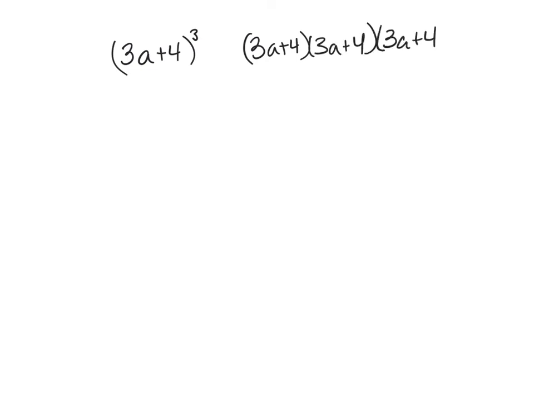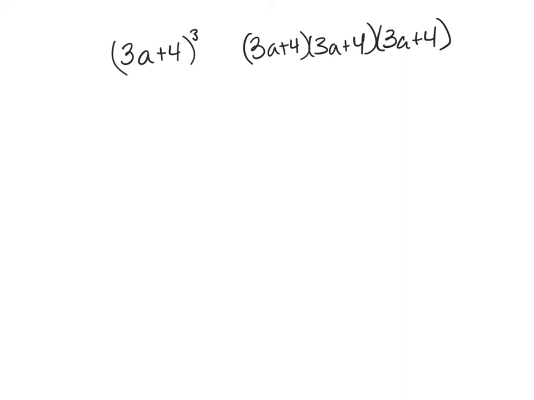And then what if it asks us to do something like 3a plus 4 cubed? Now we definitely have a tendency to want to just cube the first and cube the second, but that's not how this works. We have to do 3a plus 4 times 3a plus 4 times 3a plus 4. You have to multiply it out together.